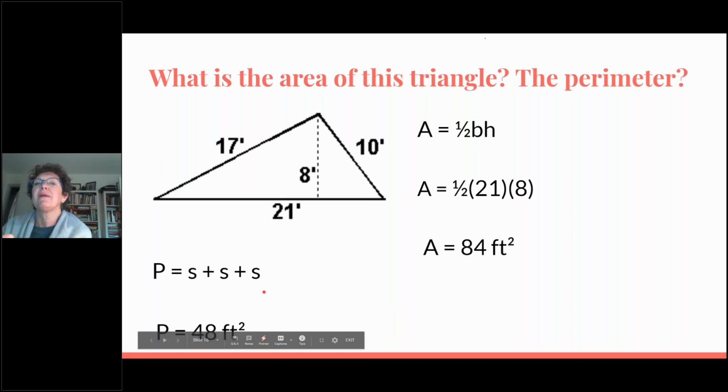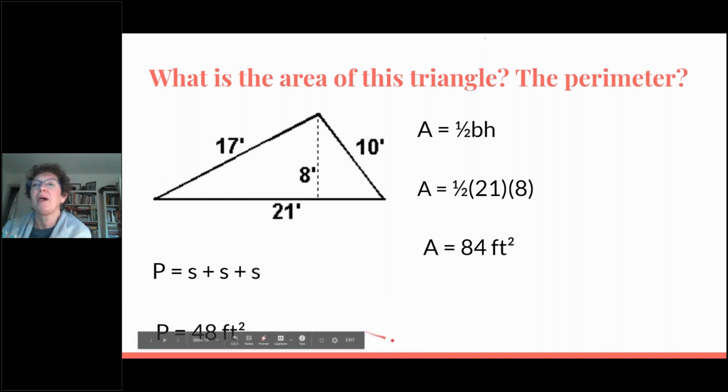But I made a mistake. Do you see my mistake? No. So the perimeter is side plus side plus side. So there it is. And I heard you say 48. So you did that quick without even hesitating. 10 plus 21 is 31, plus 17 is 48.